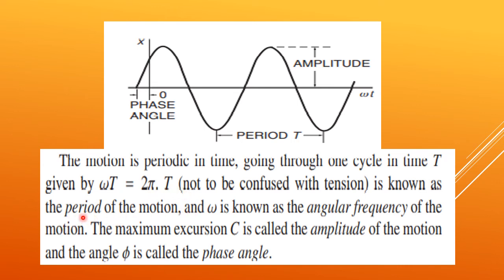It is not tension, it is the period of motion, and omega is called the angular frequency of motion. The maximum displacement is called the amplitude of motion, and phi is called the phase angle. It is the initial phase angle phi.